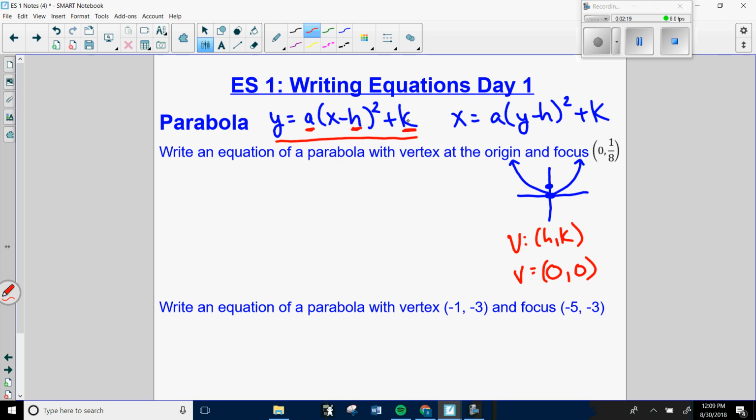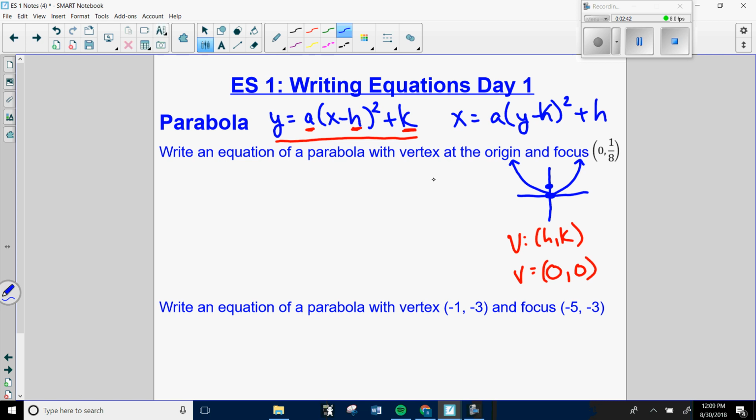I just noticed up top that this is supposed to be k here and this is supposed to be h here. I got those flipped around because we flipped the x and y. So the vertex is (h, k), so my vertex is (0, 0).